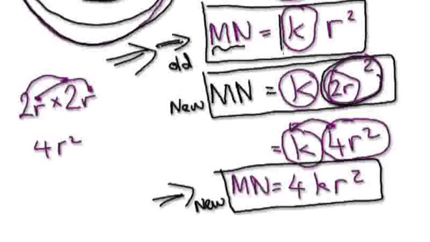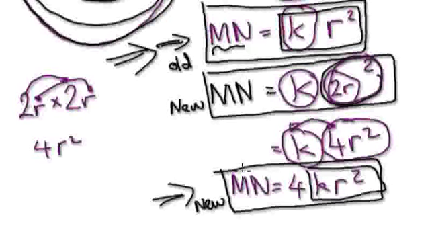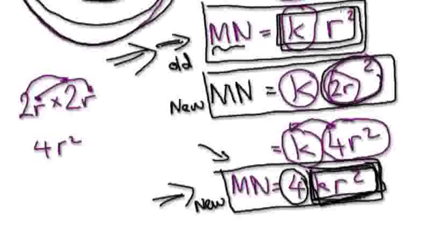You see, this k r squared here is exactly the same as this one here. So you see, the material needed for a new football would be 4 times the old one. 4 times the old.